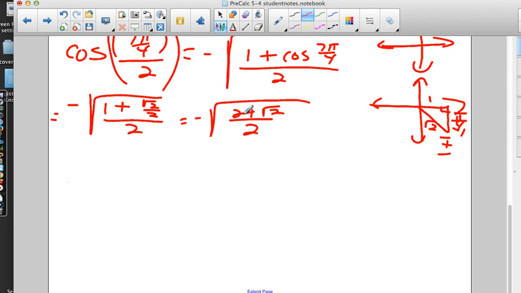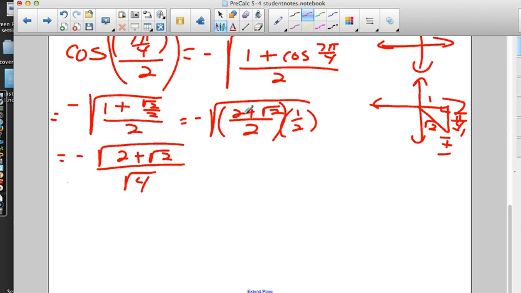And then if I'm dividing by 2, I'm going to multiply that by 1/2 on the top and the bottom. So really all it does is make my 2 on the bottom into a 4. And we would want to separate that, so we're not going to have a radical in the denominator. That's going to work out really nicely to a 2. That's a perfectly fine answer.